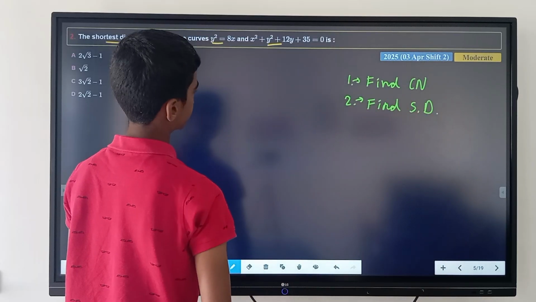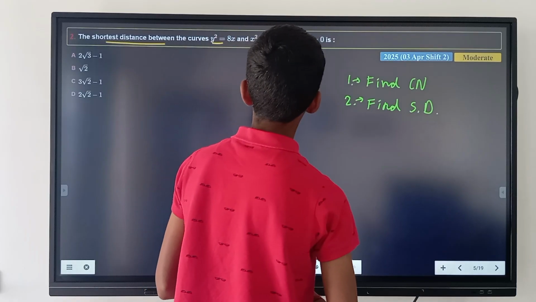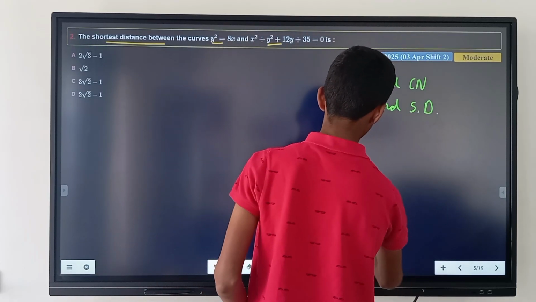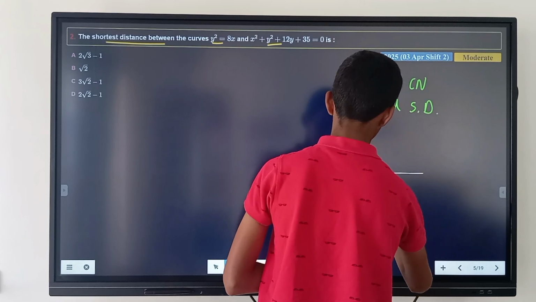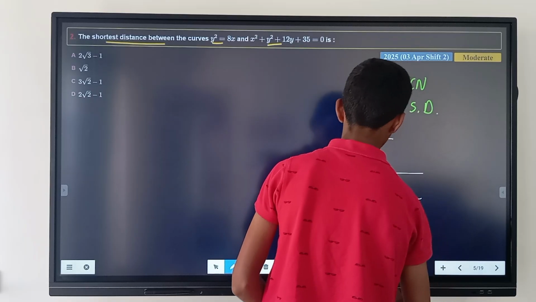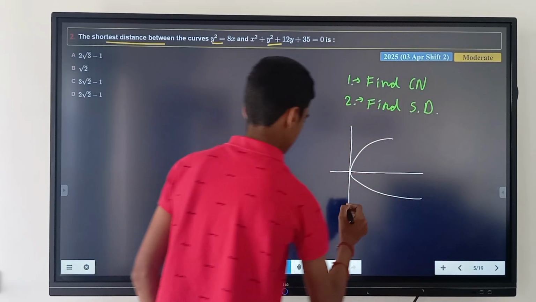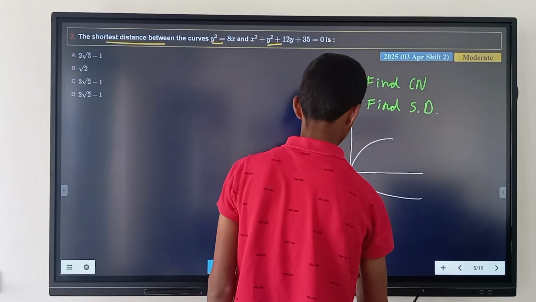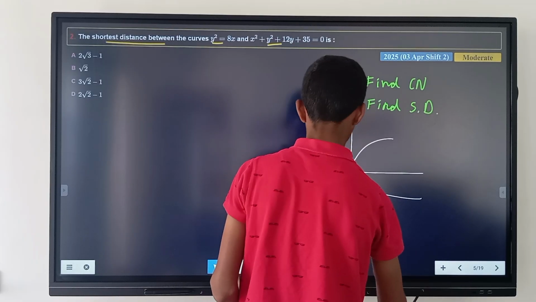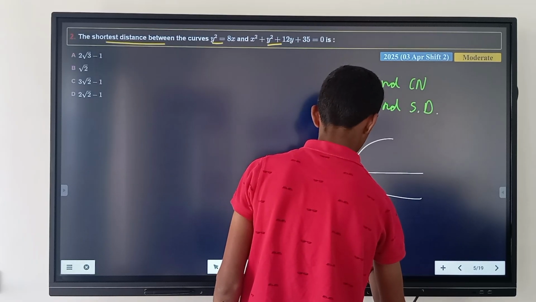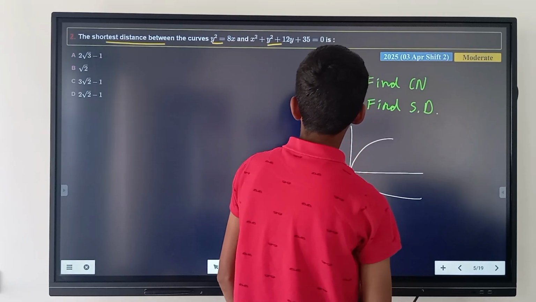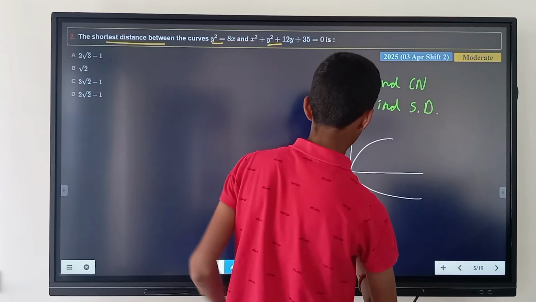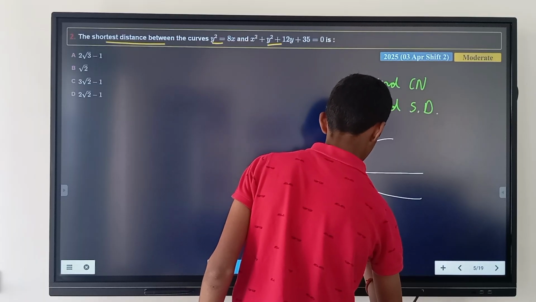So let's plot a graph to see where our common normal will be plotted. This is our parabola. And here we have our circle. This point is our center, and center according to this equation will be 0, 6.